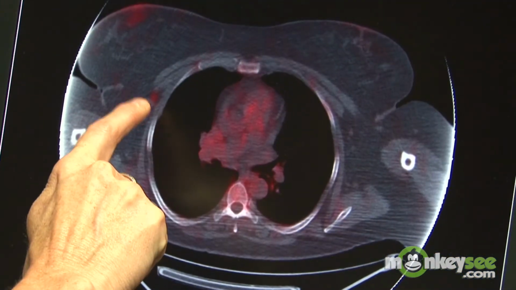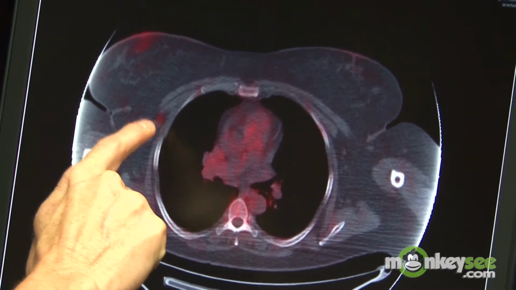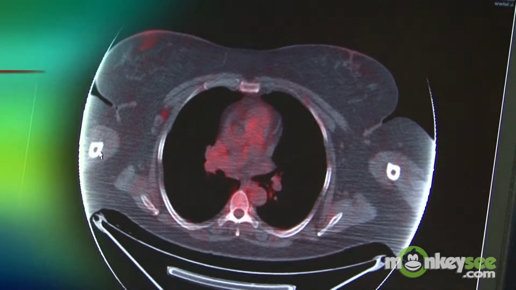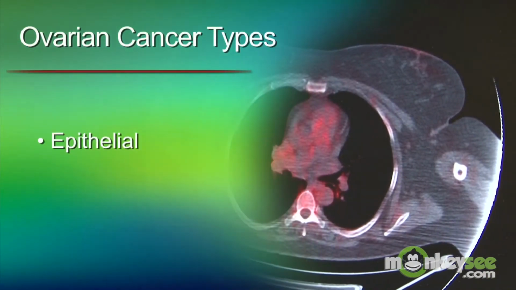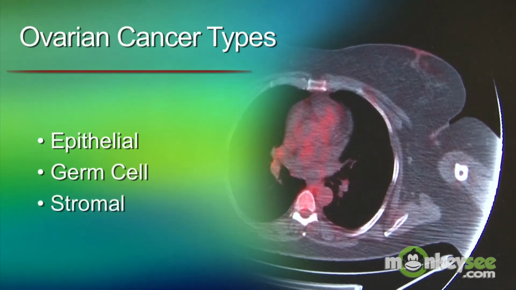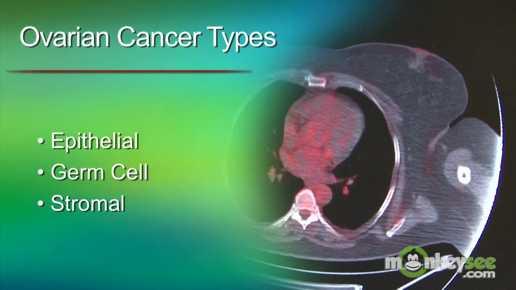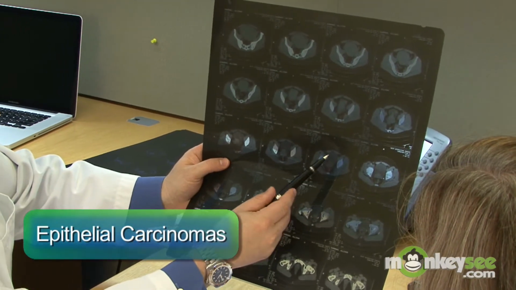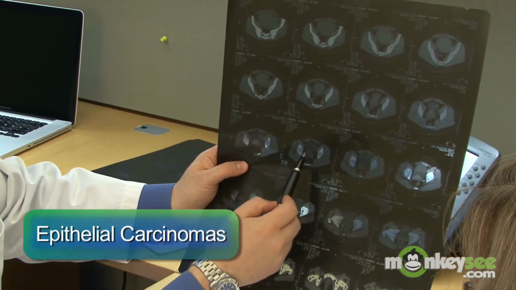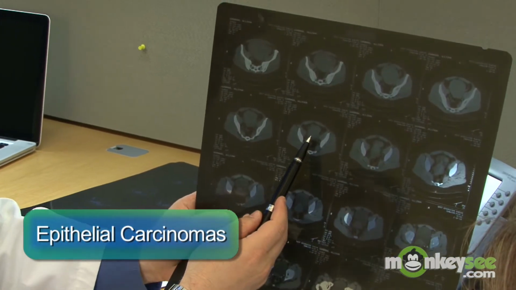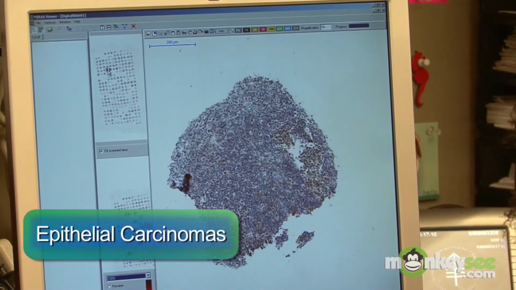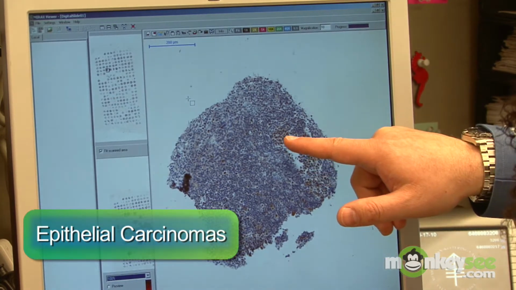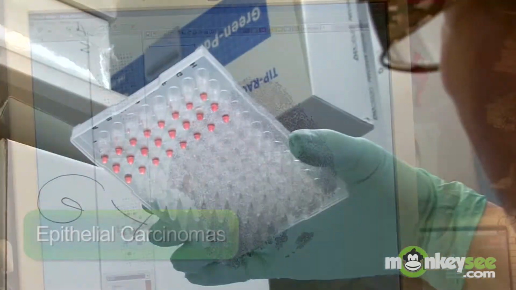There are different types of ovarian cancer, and they're classified by the type of cell that they originate from: epithelial, germ cell, or stromal. Most ovarian cancers are epithelial carcinomas, which is cancer that involves the cells on the surface of the ovary. These epithelial carcinomas account for 85 to 90% of all cancers of the ovaries.